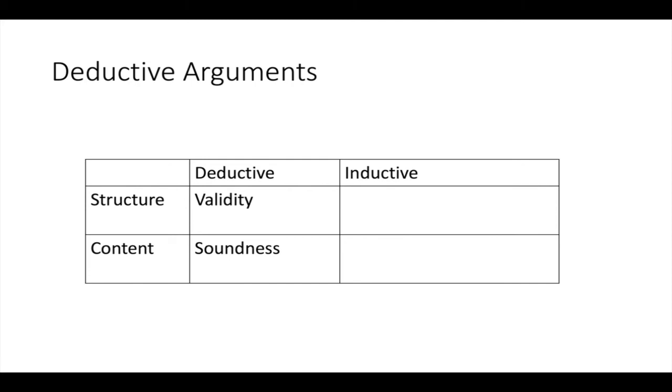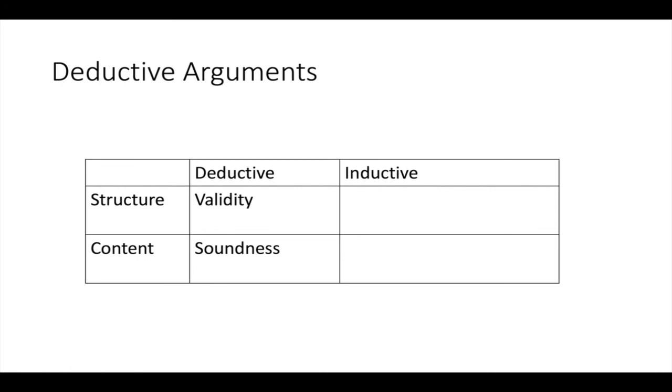Okay, so pulling apart the components of the argument in this way, the structure and the content, and looking at those things separately is going to allow us to more fully appreciate the complexity of the arguments that we're going to encounter, which are important arguments about basic things that we care a lot about.